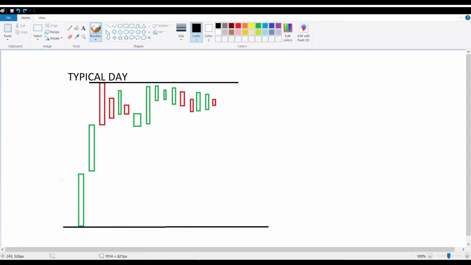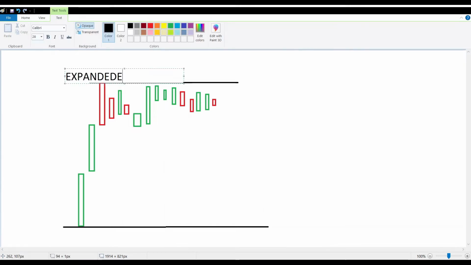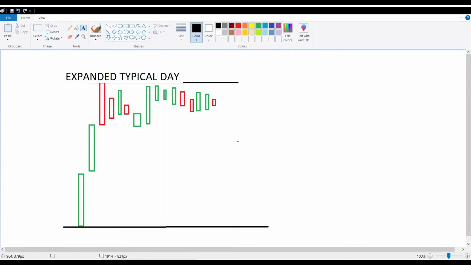Now, the next day that we are going to discuss is the expanded typical day. The only difference between the typical day and the expanded typical day is that the market, unable to reach the opposite side of the initial balance, breaks the initial balance that is nearest to it and moves higher or lower.